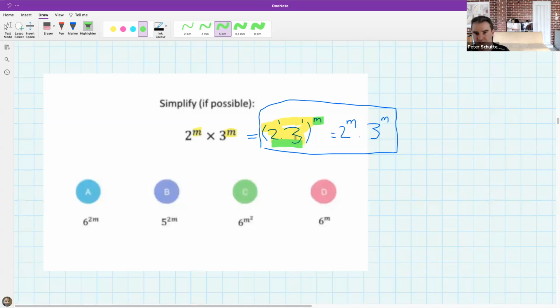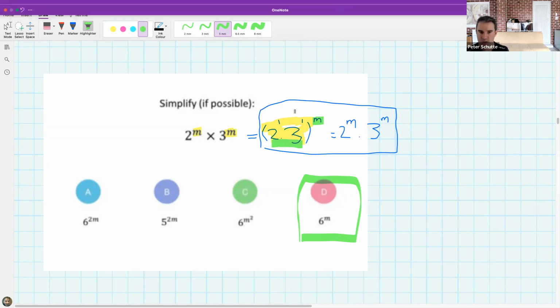So 2 times 3 is 6, and then 6 to the m. So the correct answer is going to be 6 to the m. That's really understanding law 3 well, because you're going backwards with it, but it still works. When something is equal, the left equals the right equals the left. It's perfectly fine.